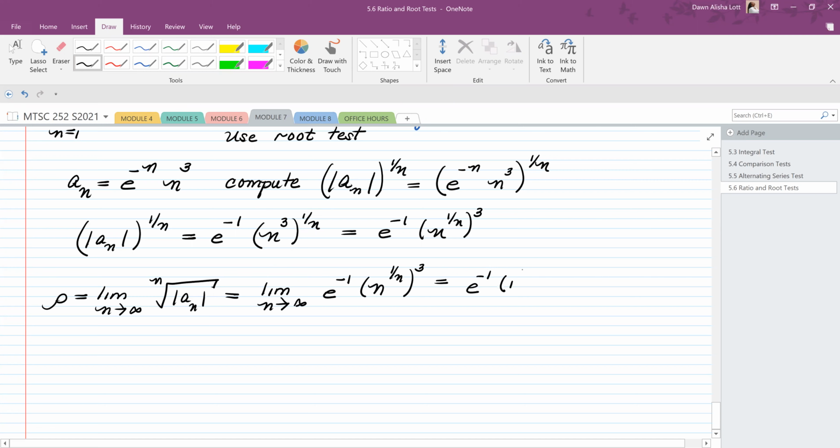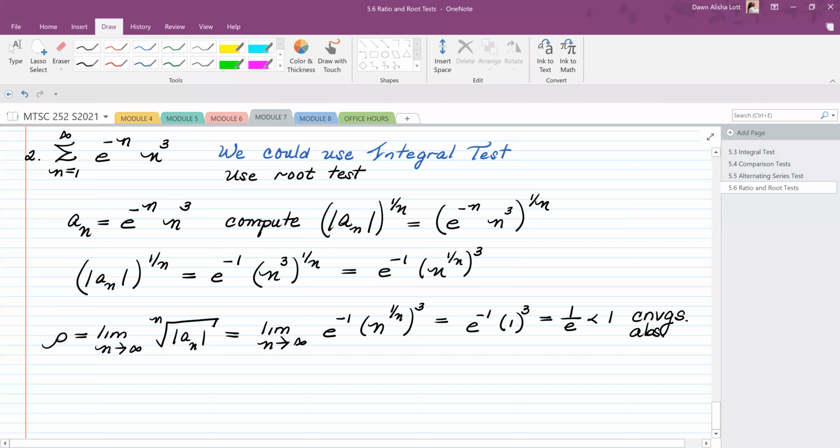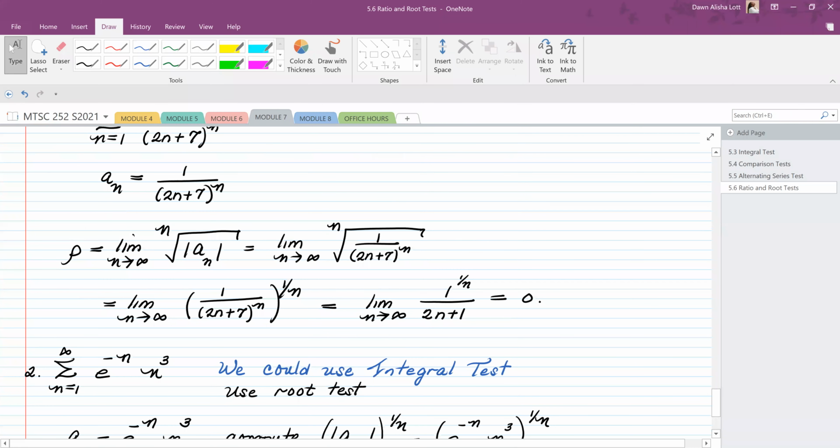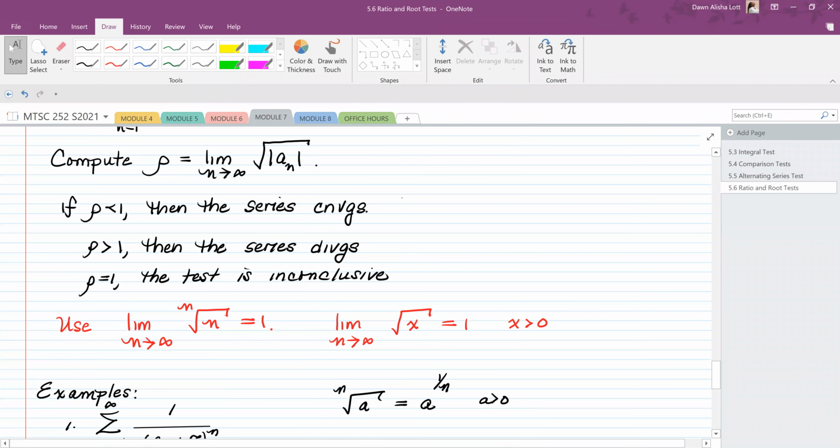This goes to 1 cubed. So I get 1 over e, which is less than 1, so it converges absolutely. Again, this series converges absolutely.